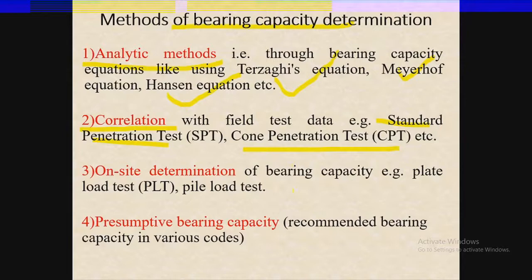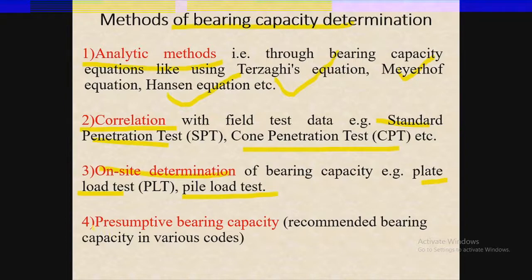Then there is on-site determination of bearing capacity of soil, in which you can go for the plate load test and the pile load test. These tests also give us the value of bearing capacity of soil in the field directly.